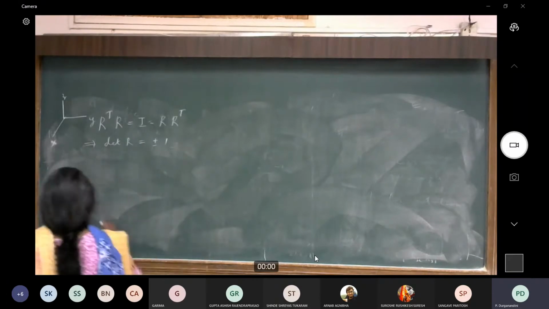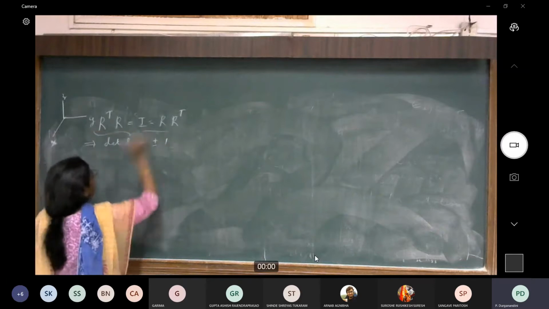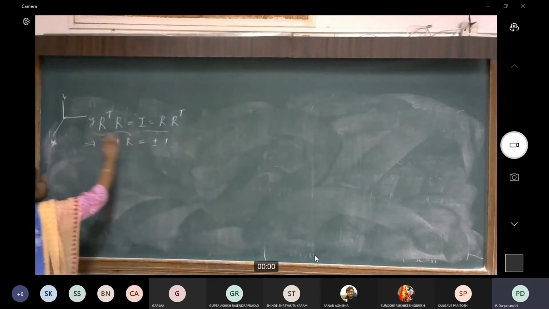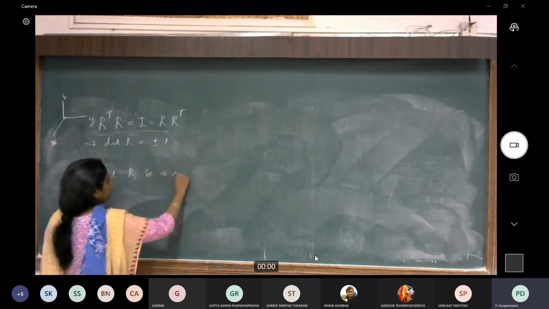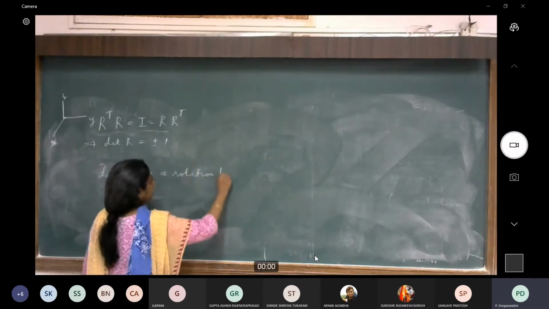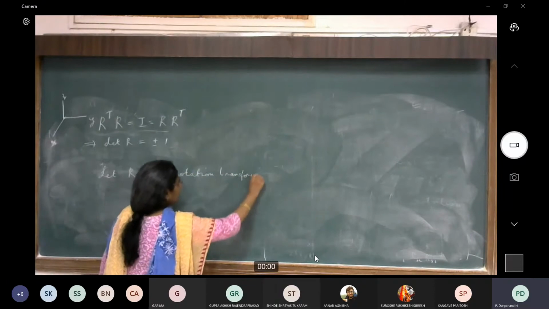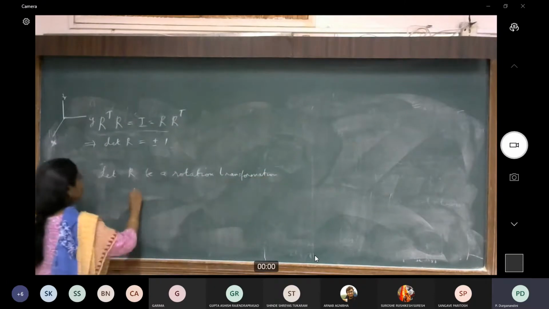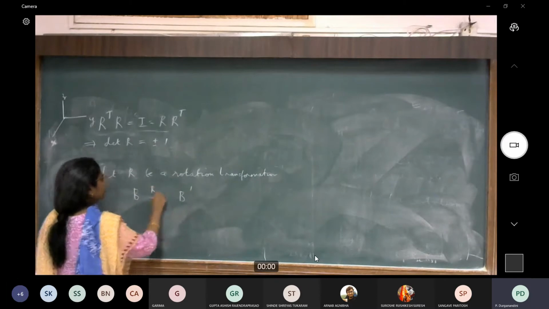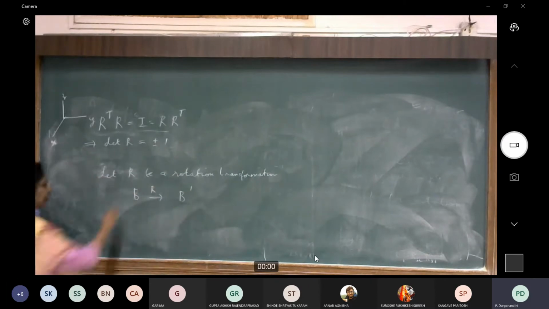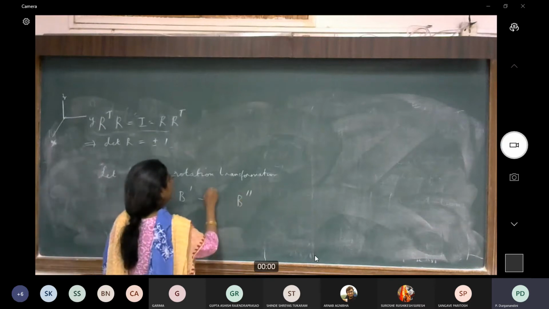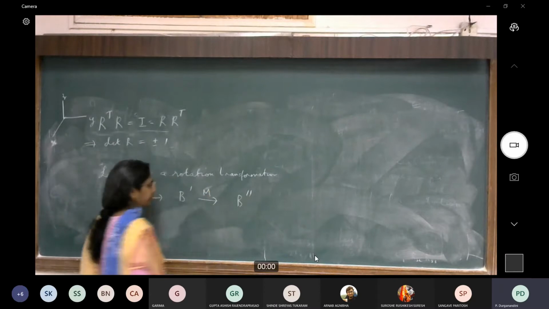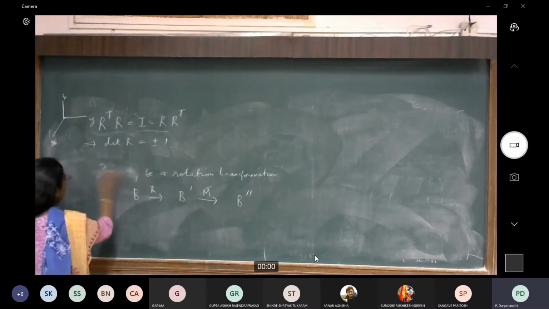I don't know whether I mentioned this earlier, but you can see from here. So one more thing I will do before I go to that. Let's assume R is a rotation matrix, a rotation transformation. So I've gone from one basis B to another basis B prime by this rotation transformation, which I call R. Now from this basis, I go to another basis B double prime by another rotation transformation, which I call M. So let R and M both be rotation transformations.